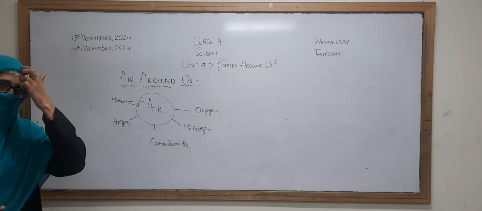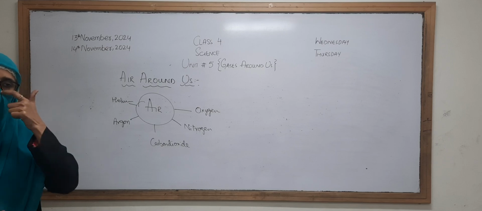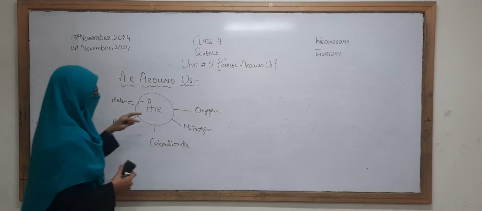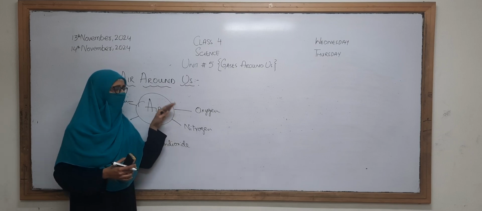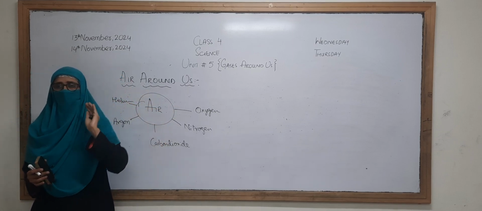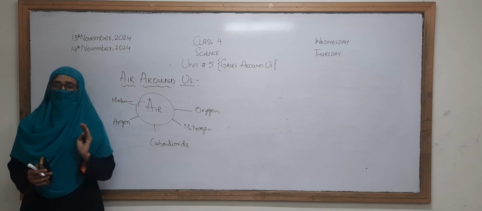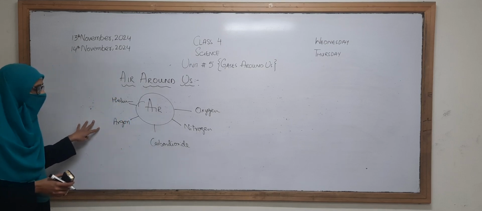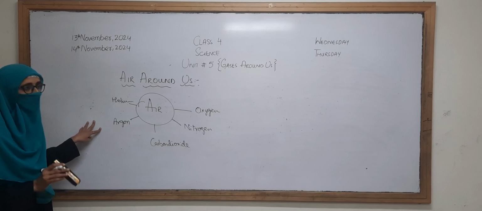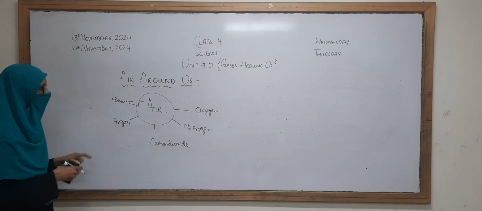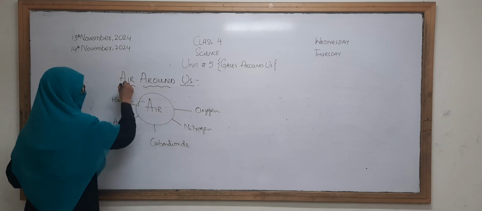Some gases are present in a very large amount, and nitrogen has the greatest quantity, then oxygen, then carbon dioxide, and the others are present in very small amounts in our air.